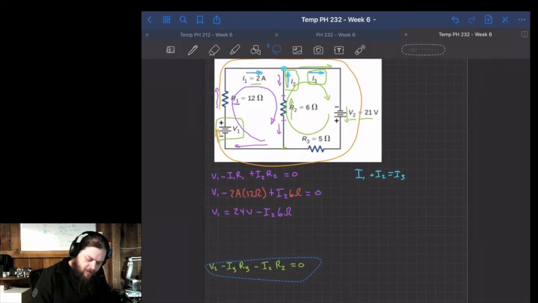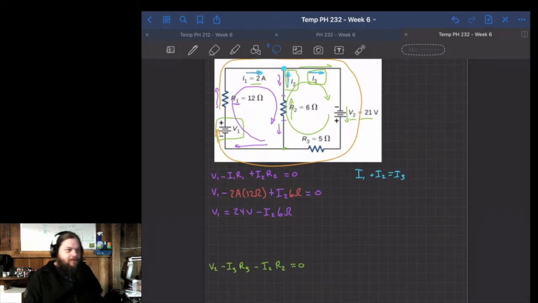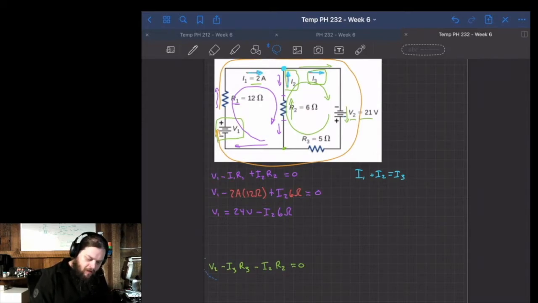I'll move this down to give me a little more room. Now I have this equation where I've solved for V1, but we don't know what I2 is just yet. So we can go to our green equation.